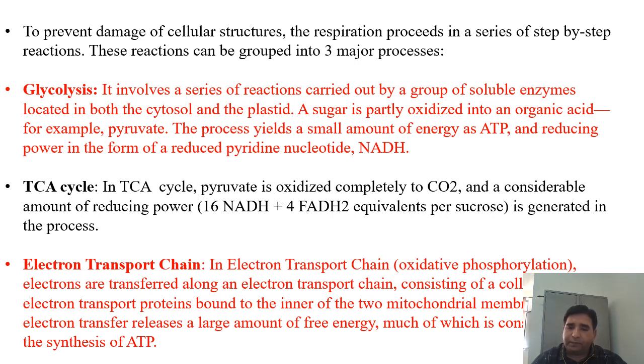In the second step, the pyruvate that is generated in glycolysis enters the mitochondria and is oxidized into carbon dioxide, and it generates a considerable amount of reducing power, including NADH and FADH2.